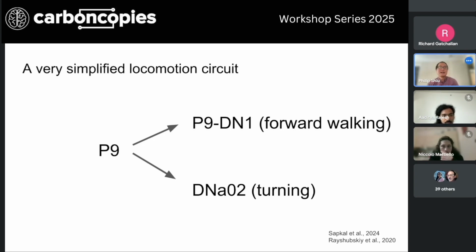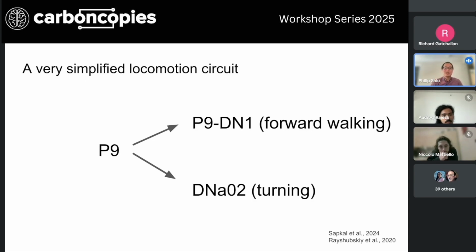And in experiments and other results that I won't go into, we will present the fly locomotion circuit as a really simple circuit where a particular neuron called P9DN1 controls forward walking, and another neuron called DNAO2 results in turning. There's a lot more nuance to this, and there are a lot of other neurons that control walking and steering, but let me just say that if you activate P9DN1, the fly will walk forwards.